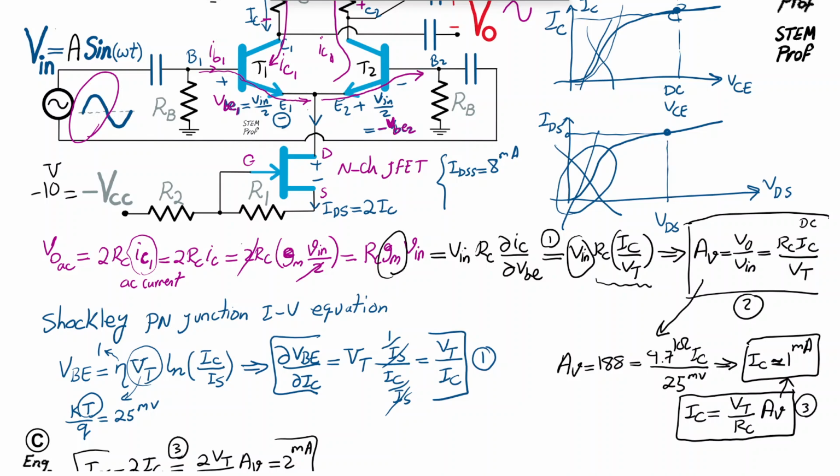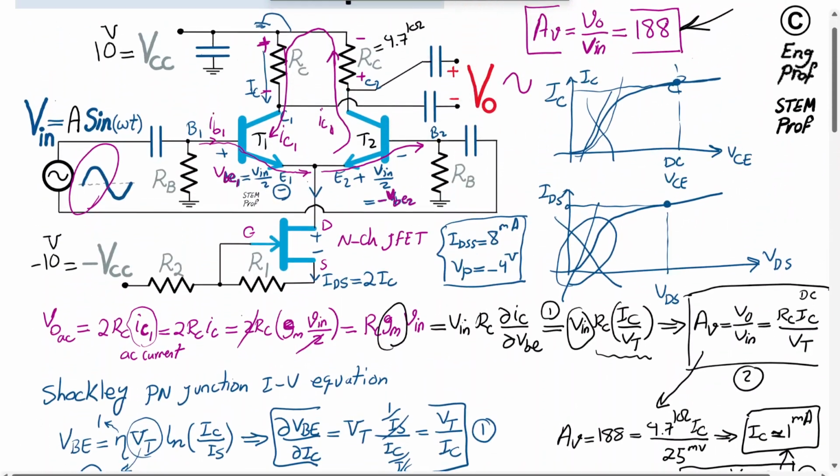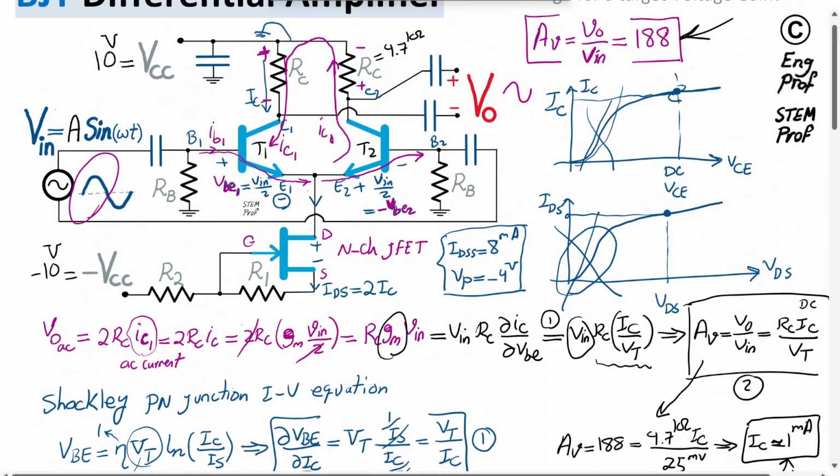So the IDSS for this N-channel JFET is 8 milliamp, and let's say the pinch-off voltage is minus 4 volt. So let's say we know them. Of course, one of the other assumptions for the AC analysis is that the resistance Rc of the collector of the transistor is negligible compared to 4.7 kilo ohm. That's why it's not considered.